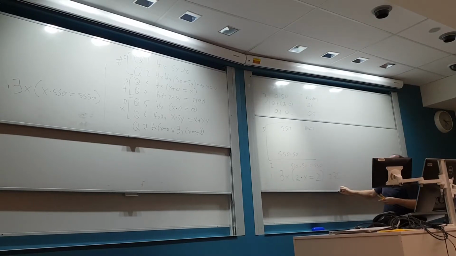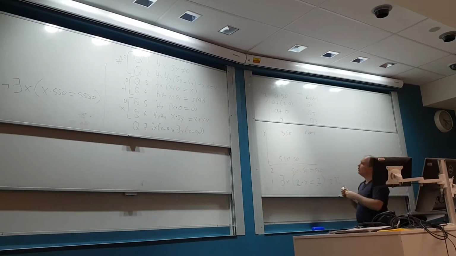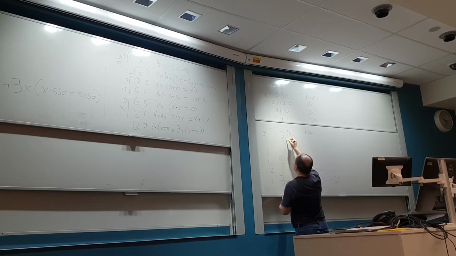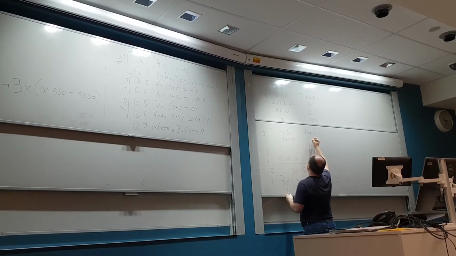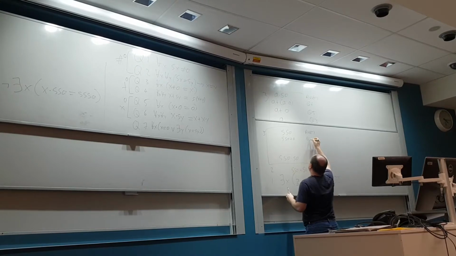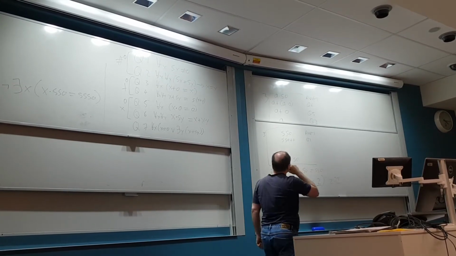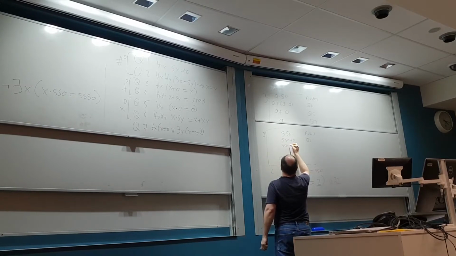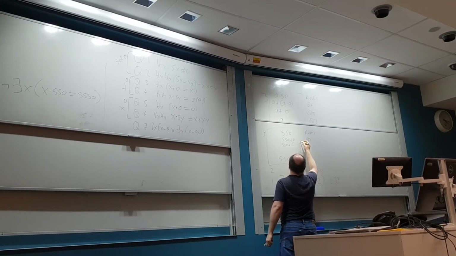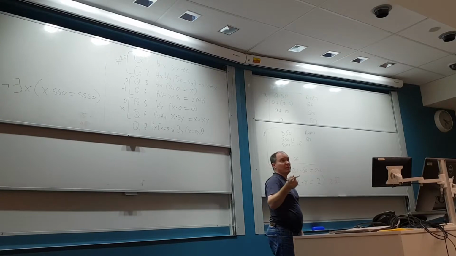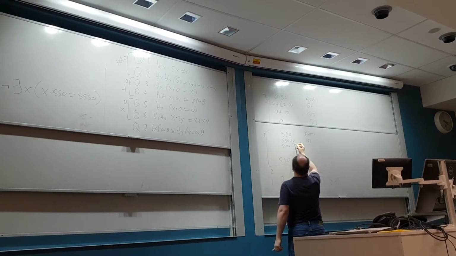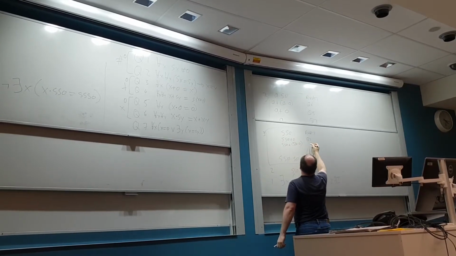So let's see. SS0, well, it's the same as SS0 plus 0. 2 is equal to 2 plus 0. And that's the same as SS0 plus anything times 0, right? 0 is the same as anything times 0. So let's just stick SS0 in there.